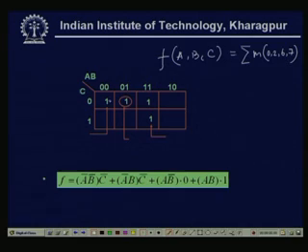So, this is my Karnaugh map realization. See, this is my 0, this is 0 1 0 means 2, this is 1 1 0 means 6, this is 1 1 1, 7. So, what will be the function?